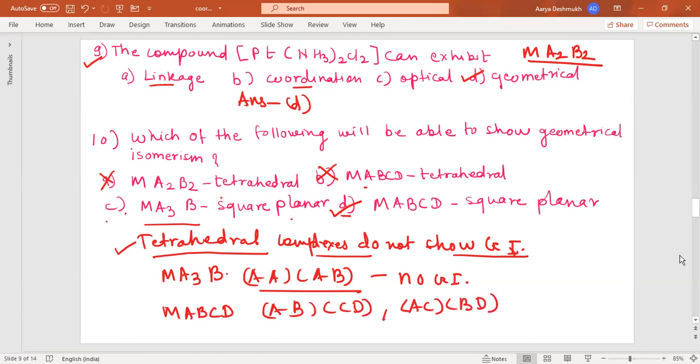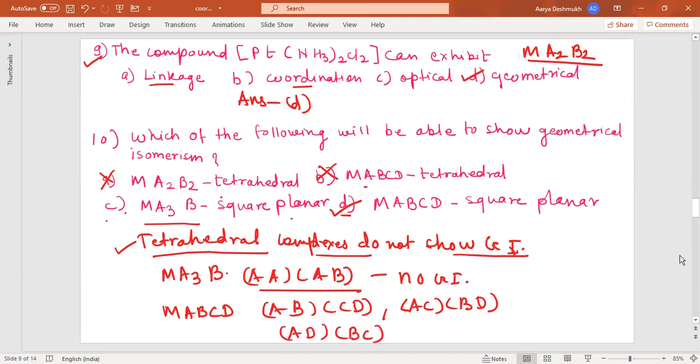Third combination, here you can write AD, BC. So in short, geometrical isomerism is shown by this. So the answer for this question is D. Okay. Now the next one.